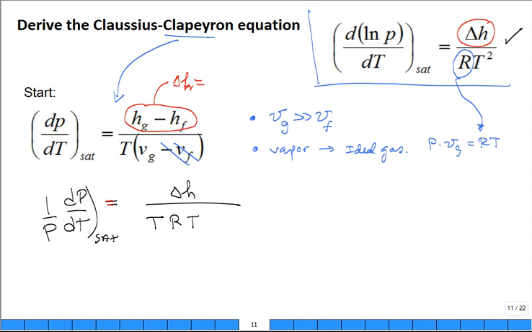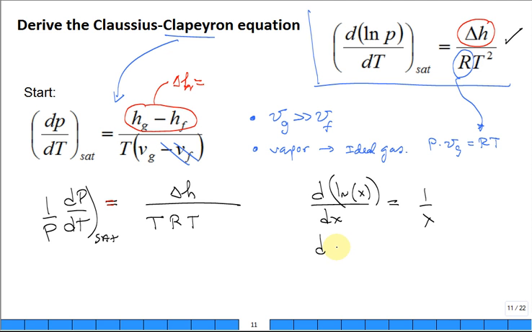I have to recall things from calculus, which I don't like to do, right? And so I recall something like this: the derivative of the natural log of x with respect to x. Do you remember how to do that derivative? 1 over x. Perfect.